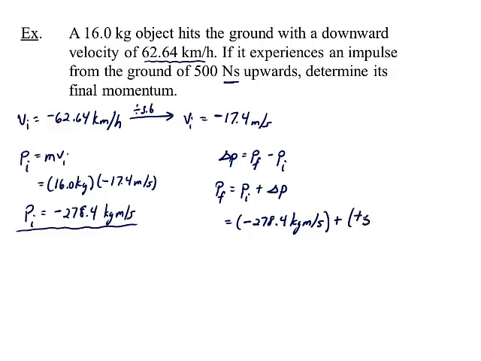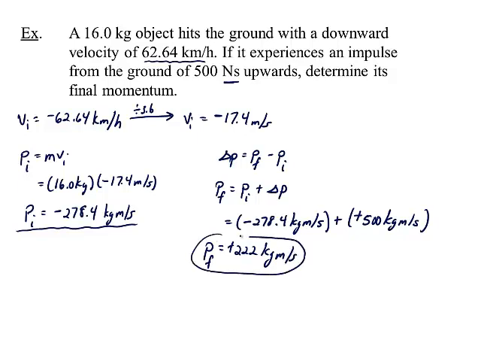So we put positive 500, and we can write kilogram meters per second because it's interchangeable with newton seconds. So you get positive 222 kilogram meters per second, which would be 222 kilogram meters per second up.